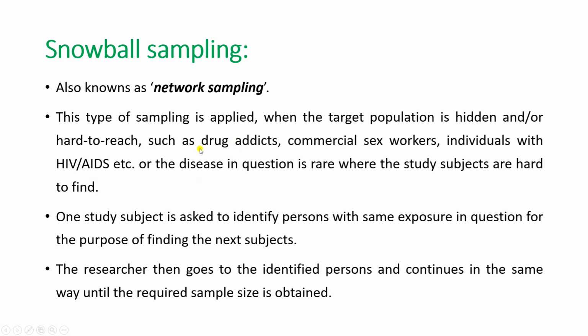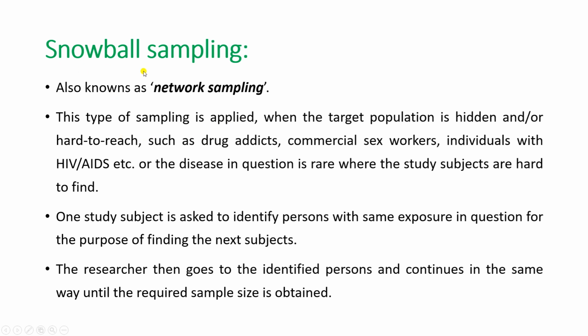So this kind of people are very difficult to find out, and maybe because of some sensitive questions or issues, they do not want to come out, so you have to find them, and this is very difficult for all the researchers sometimes, and they do not get an adequate sample.